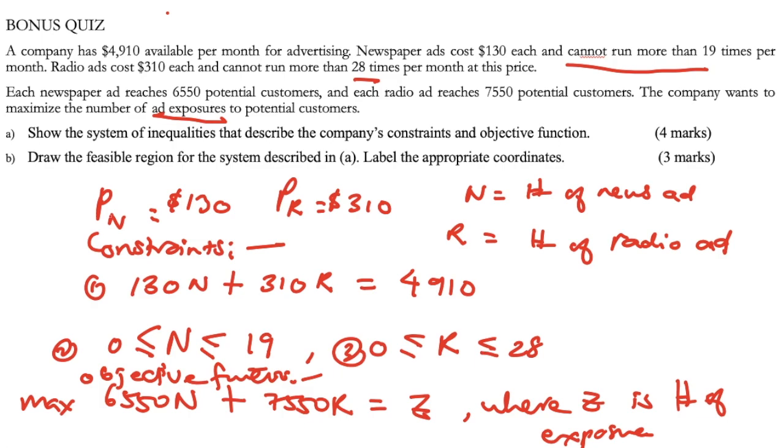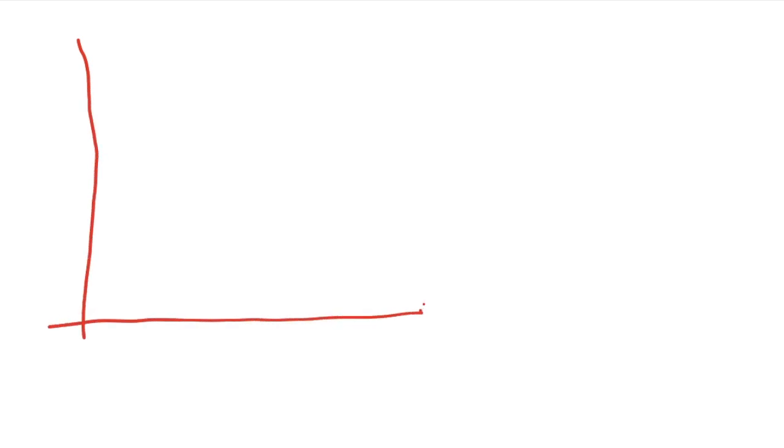B. Draw the feasible region for the system described in A. Label the appropriate coordinates. When you want to draw the feasible region, we have this. Here the newspaper axis is here, the radio is here.